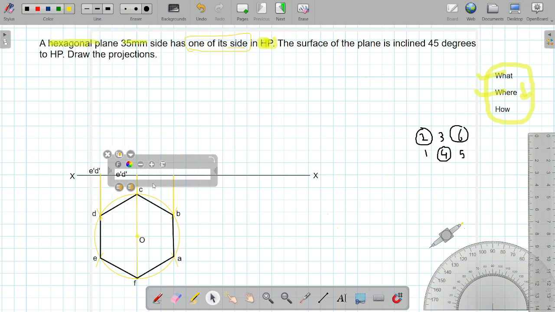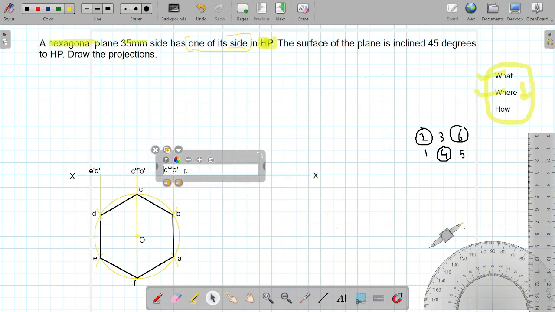Then for this particular case it will be C dash, F dash and O dash, and then finally these 2 points will be A dash and B dash, and we will make this particular thing dark from this point to this point. So with this we have completed step number 2.